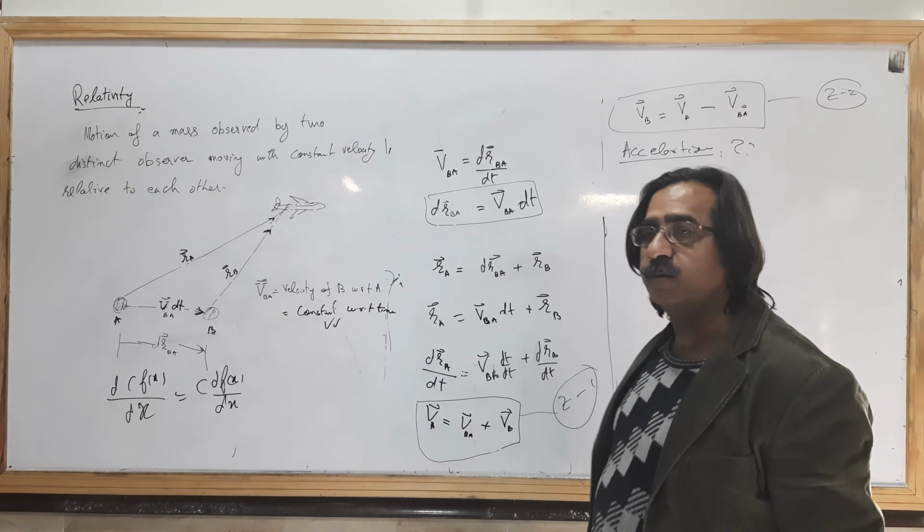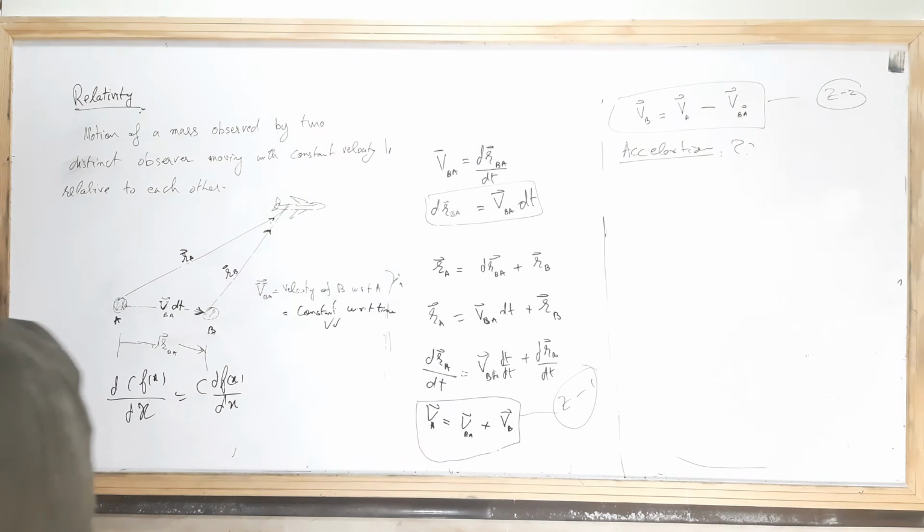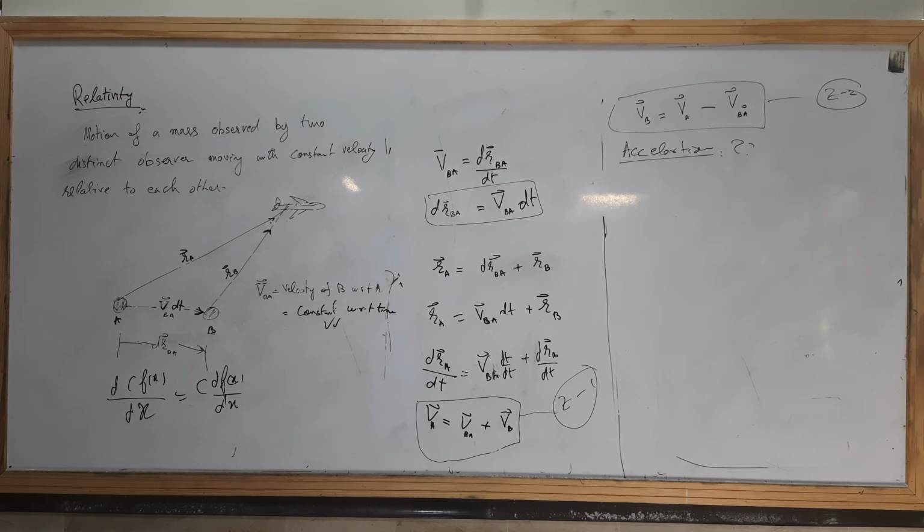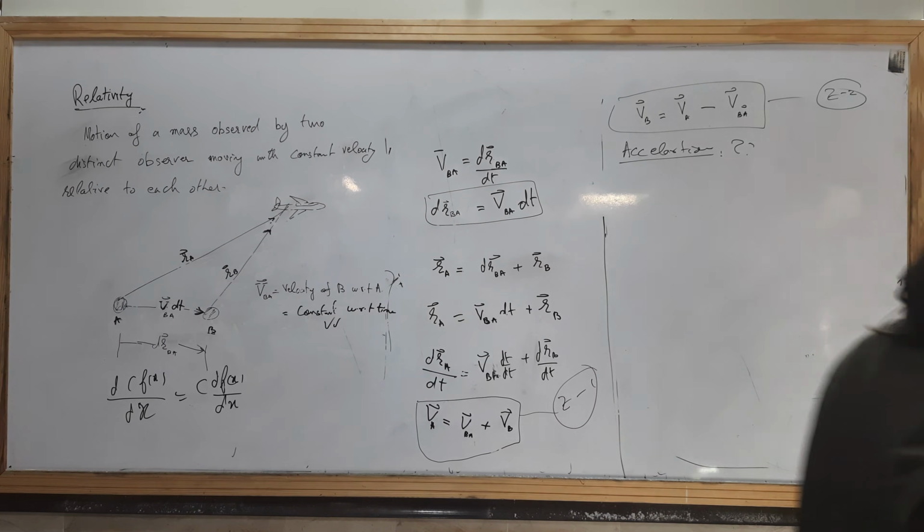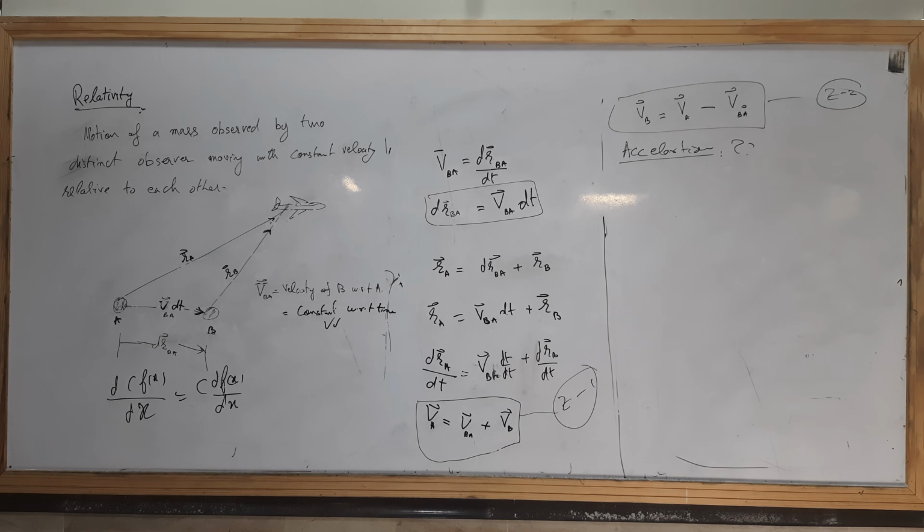The first derivative of velocity is defined as acceleration, as I have already explained. I think I don't need to repeat it again and again. The first derivative of position will give you velocity. If you take the double derivative of position, that will give you the acceleration.